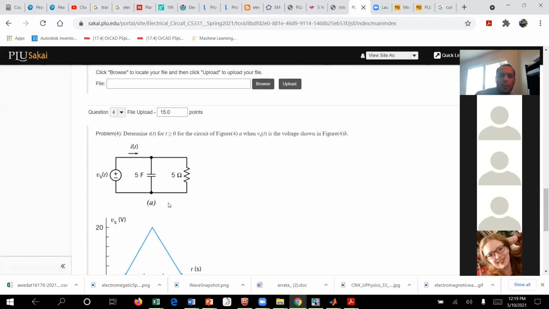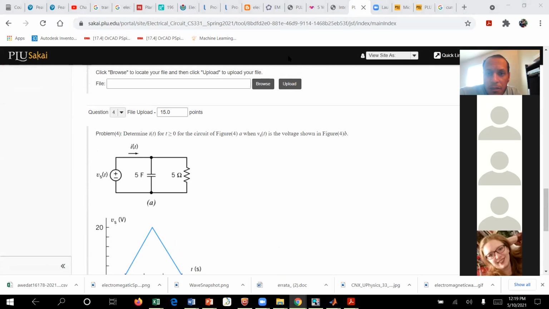Okay. So it's asking to determine i of t. Where is the i of t? It is the current that goes through the capacitor and through the resistor, right? So that's the starting point.